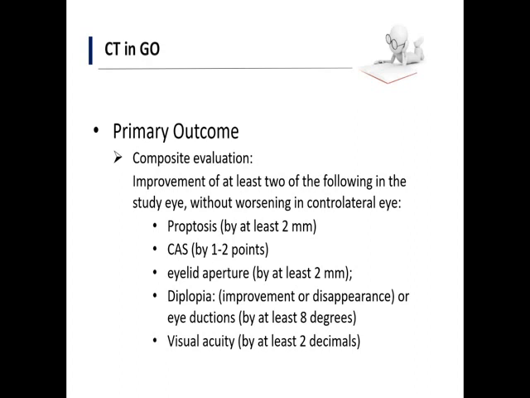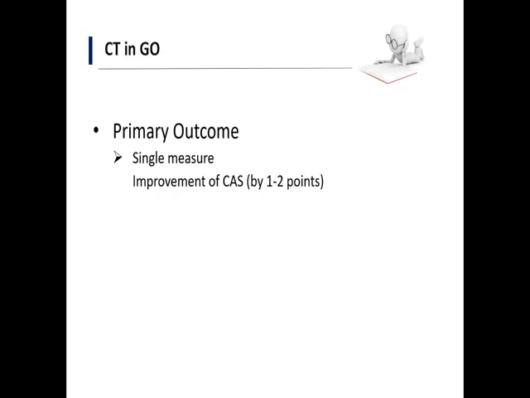One uses a composite evaluation of GO, and GO is considered improved when at least two of the following criteria in the study eye are fulfilled without worsening in the other eye: an improvement of proptosis, of the clinical activity score, of eyelid aperture, of diplopia or of eye ductions, and of visual acuity. In other studies, however, the primary outcome measure was an improvement of the clinical activity score, as, for example, in the studies on teprotumumab.